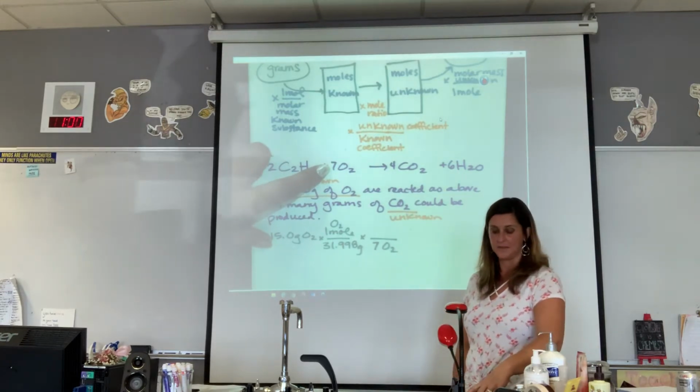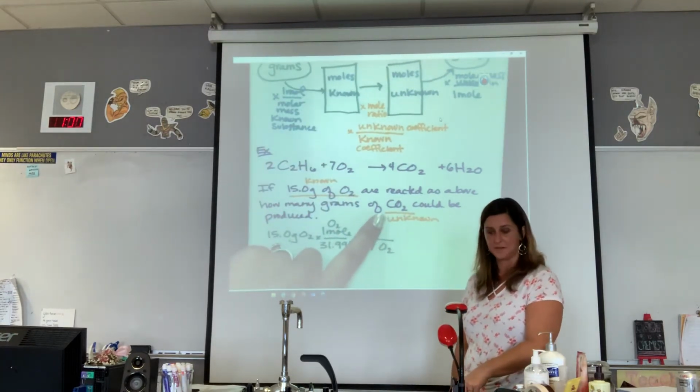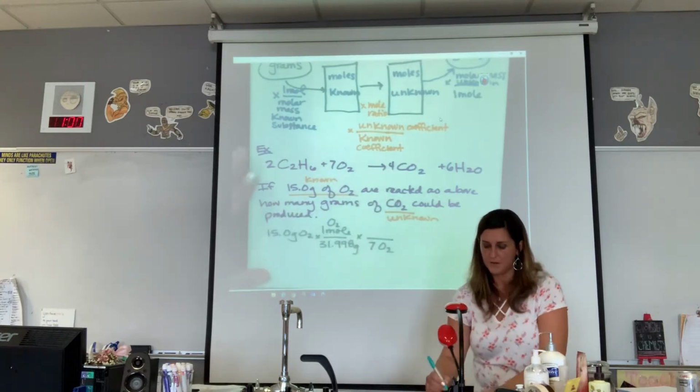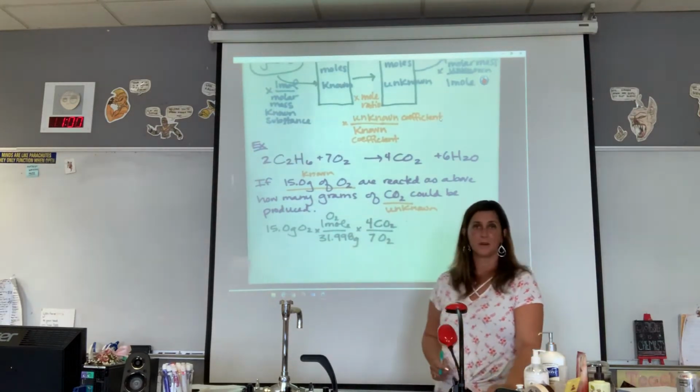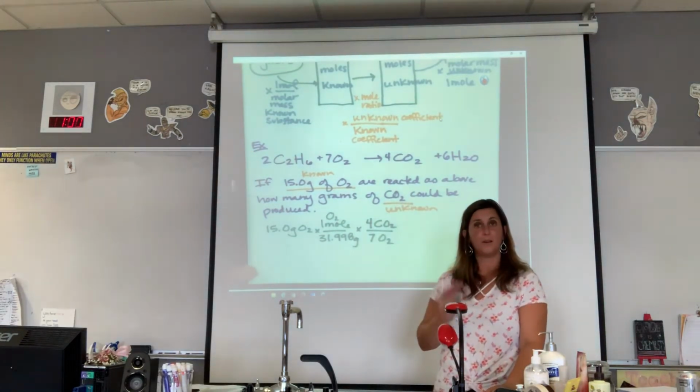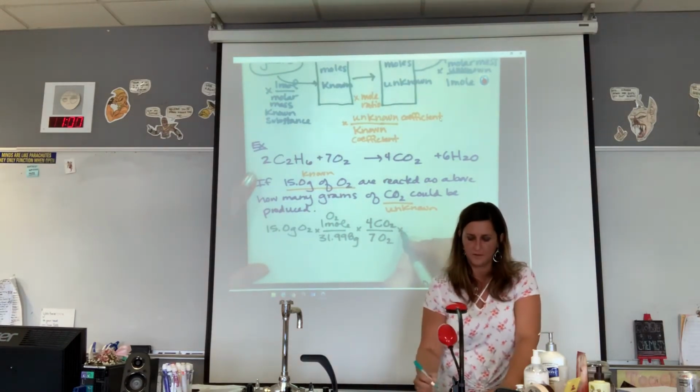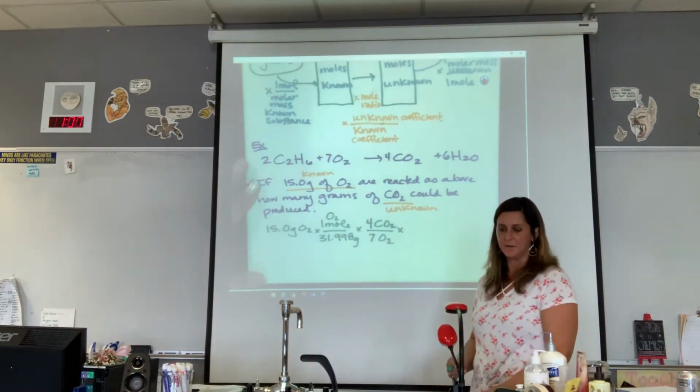The unknown substance, the substance that we're asked to answer about, is CO2, so that's going to be a 4 on top there. So there's our mole ratio, unknown over known.